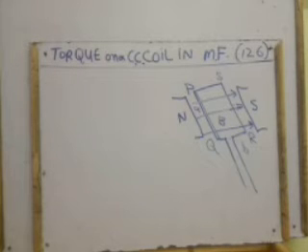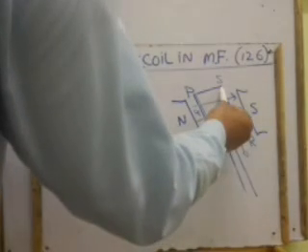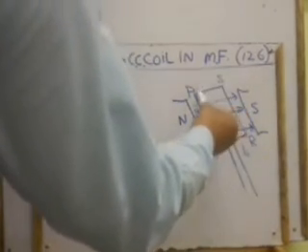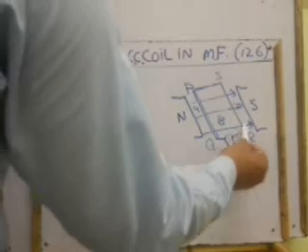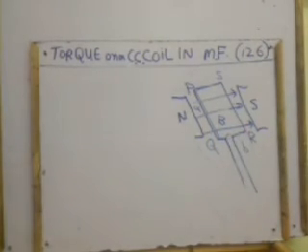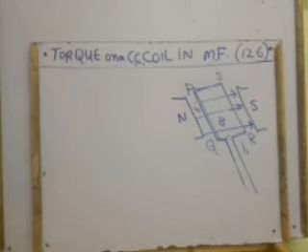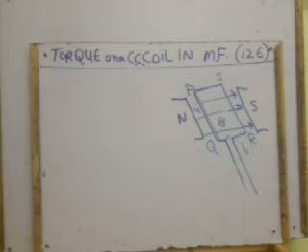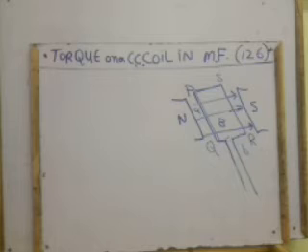Each side, PS and QR of the coil, experiences a force as shown in the figure on the board. The effect of these forces is to try to compress the coil.